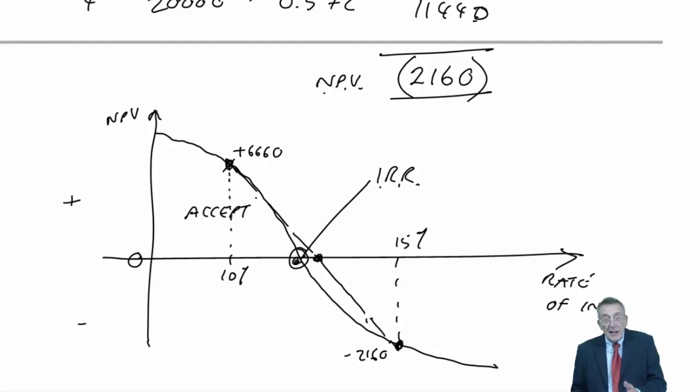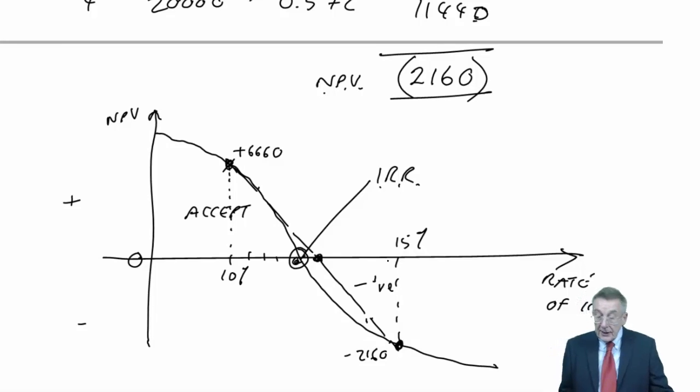What happens if it's 11? What happens if it's 12? And so on. Well, the NPV will be lower, but provided it's still positive, we're still happy to accept. But if ever it became negative, then of course you'd want to reject.